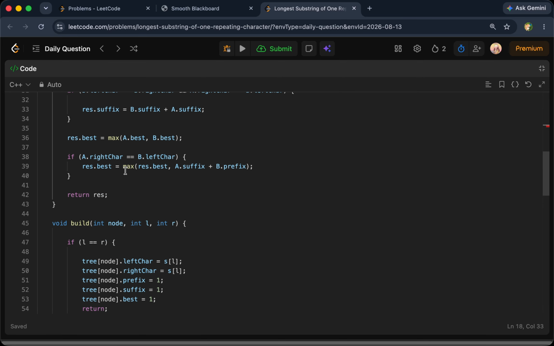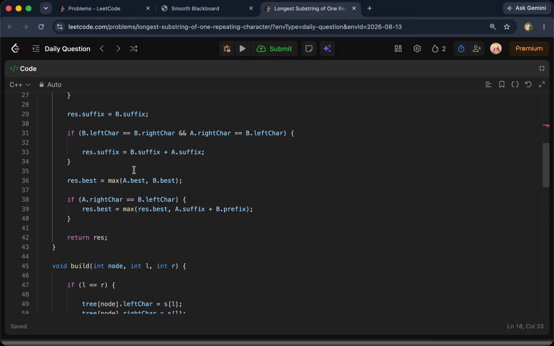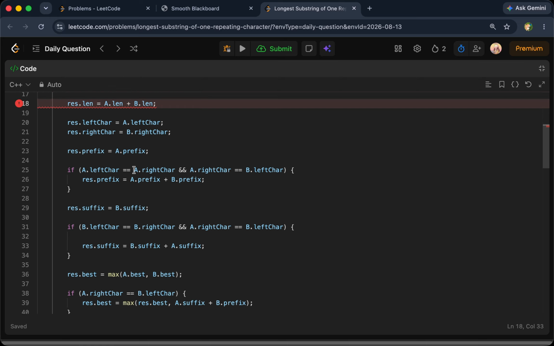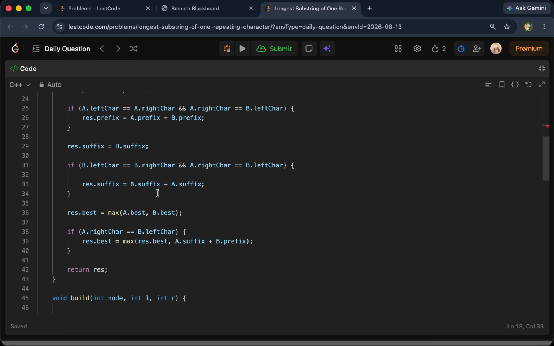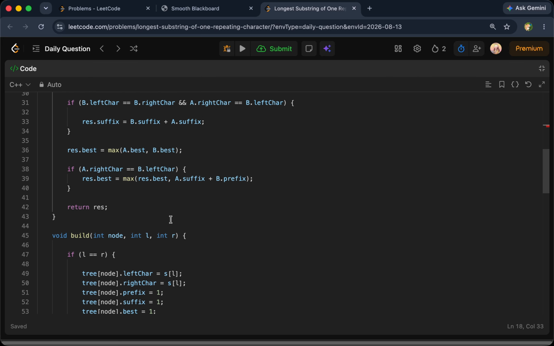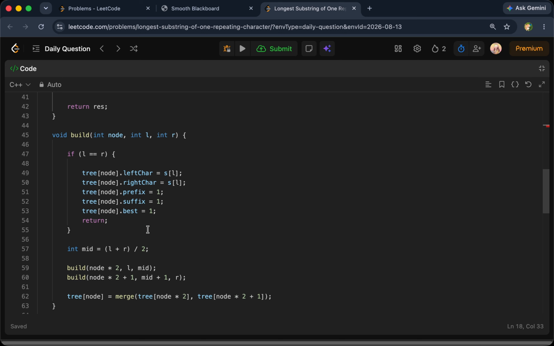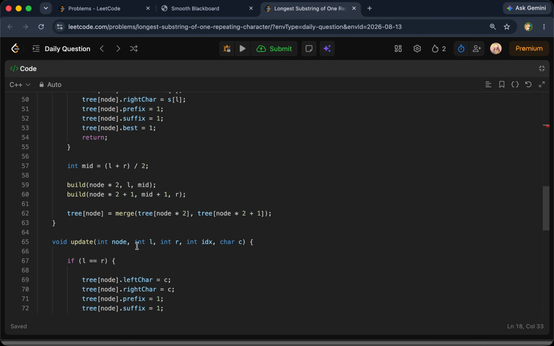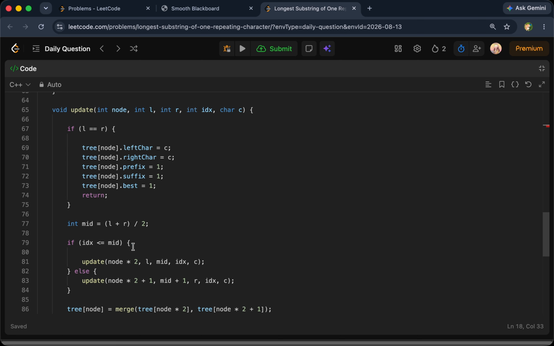Go to left. Less than or equal to right.